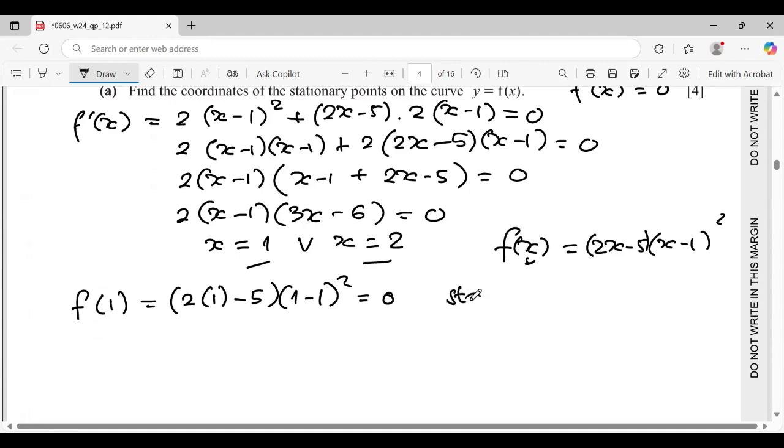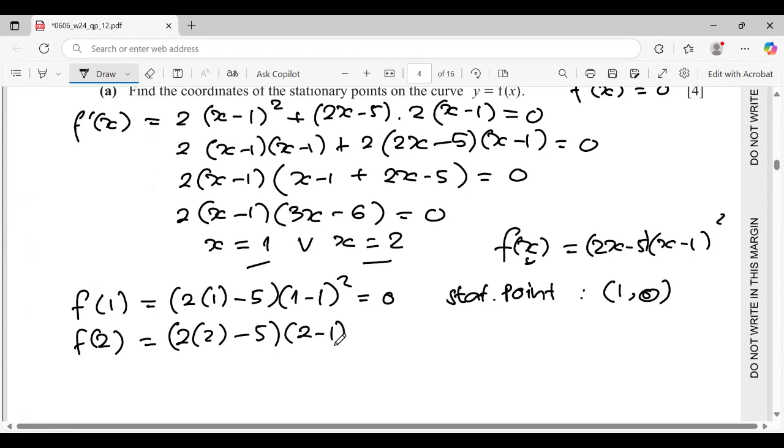So the stationary point is (1, 0). If x equals 2, f(2) equals (2 times 2 minus 5)(2 minus 1) squared. If you calculate this, the result is minus 1, and the stationary point is (2, minus 1). So there are two stationary points, (1, 0) and (2, minus 1).